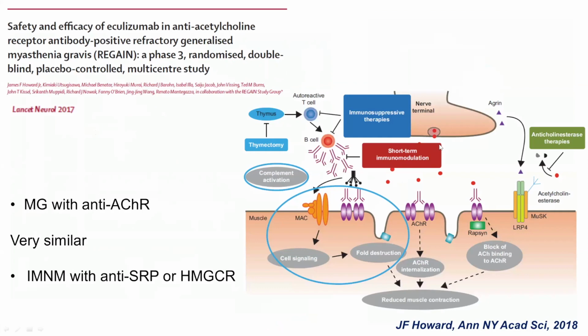So at the end of the day, the situation in immune-mediated necrotizing myopathies with anti-SRP or anti-HMGCR is very similar to what we can observe in myasthenia gravis, where I remind you that you can have autoantibodies which recognize the end plates and activate the complement system, and now an anti-complement strategy with eculizumab can clearly ameliorate the clinical condition of the myasthenic patients.